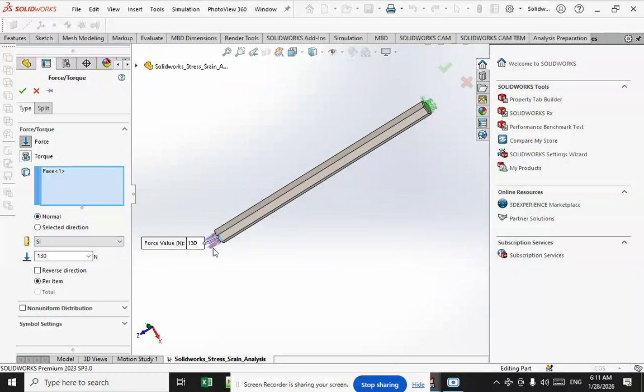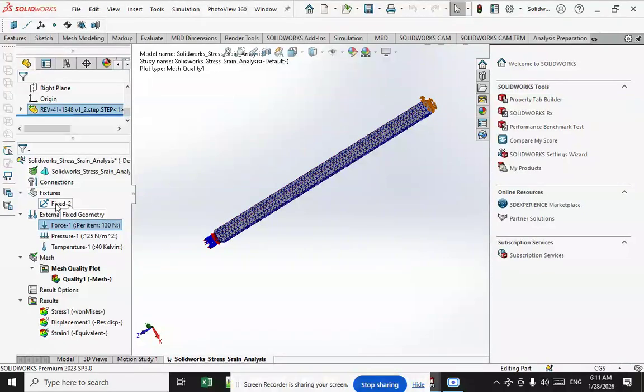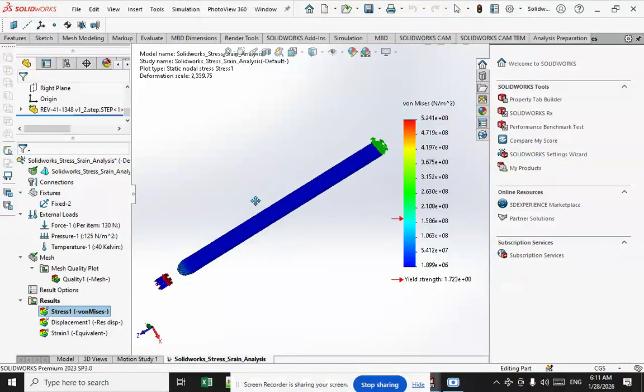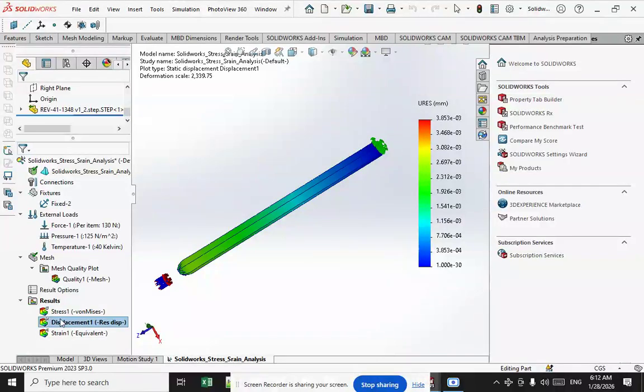From here, you see that at the left side, I applied a 130 Newton force, while the right side is a fixture part, and I have also applied the temperature and the pressure. Pressure is about 125 Newton per square meter, and temperature is about 40 Kelvin. And finally, you can see the result of the stress, von Mises stress, and displacement, which is in millimeters, and also strength.